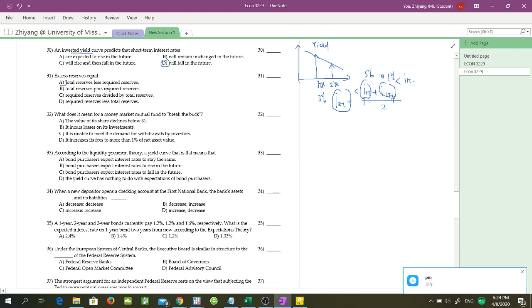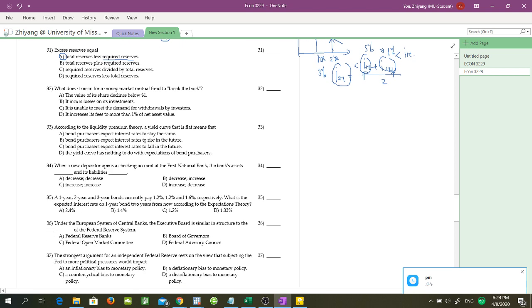Excess reserve, this is just the definition. Take your total reserve, all the money in hand, minus the required proportion, and the rest is excess reserve. The banks are free to use their excess reserve money without having to meet the reserve requirement. How does it mean for a money market mutual fund to break the buck? Break the buck means the value of its share declines below $1.